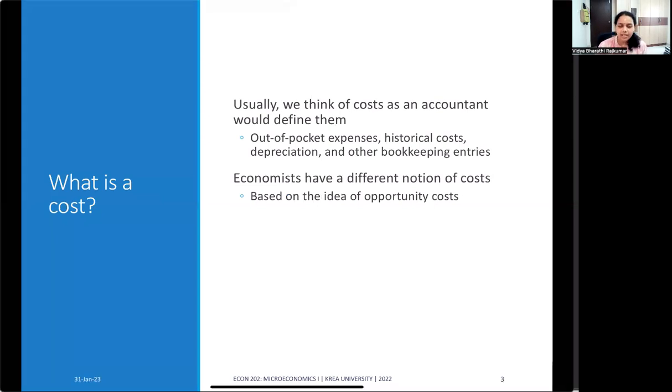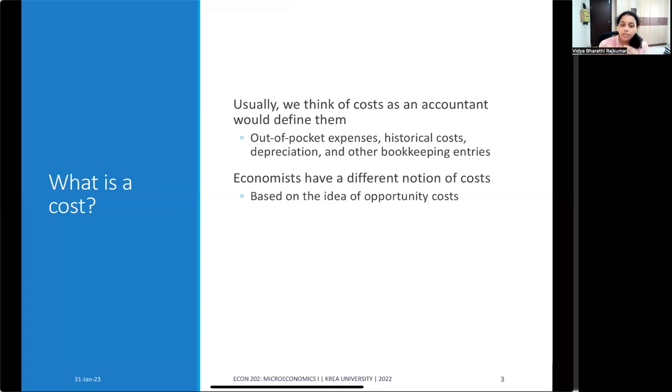So, specifically speaking, opportunity costs refer to the cost of opportunities that are foregone. If I choose to produce a particular object, then I am choosing to give up the production of something else that I could have produced with the resources in hand. If I'm choosing to invest my time into setting up a startup, then I'm choosing to give up something else that I could have done with my time.